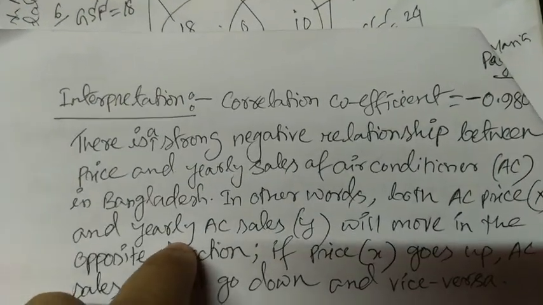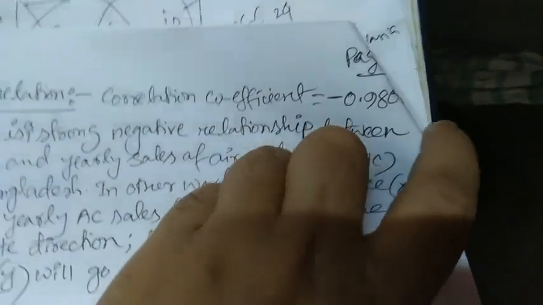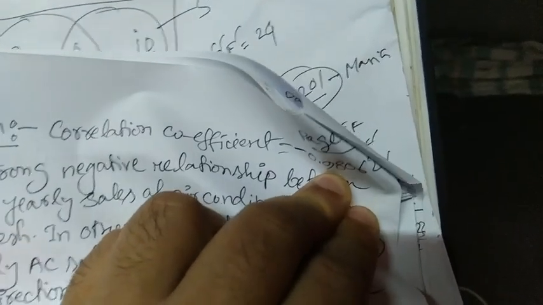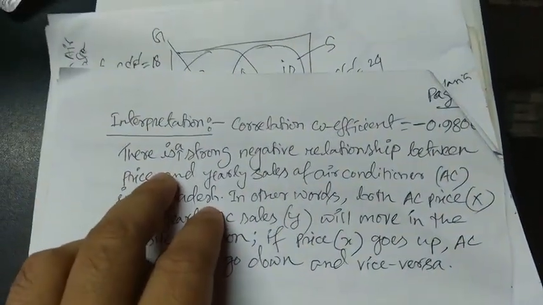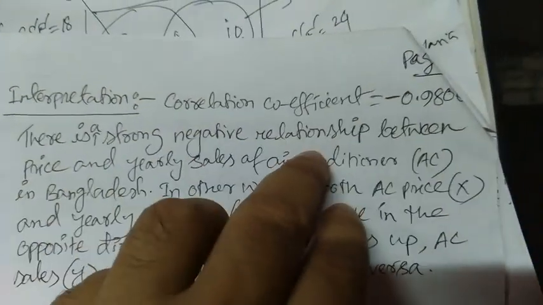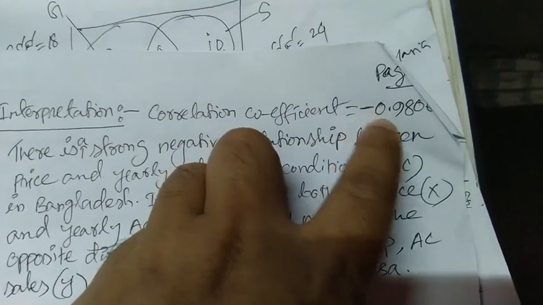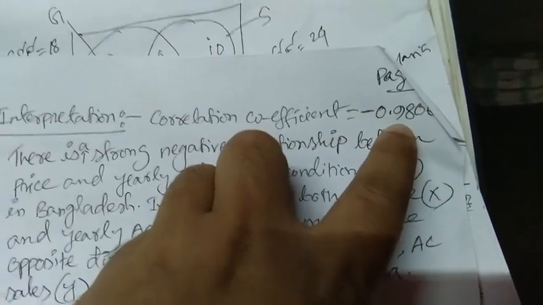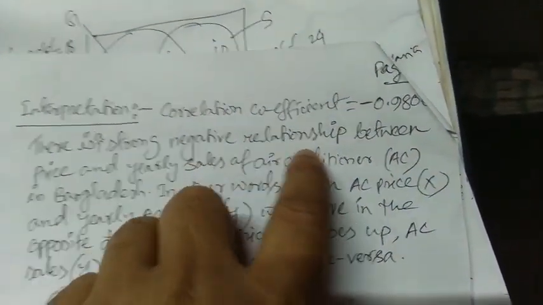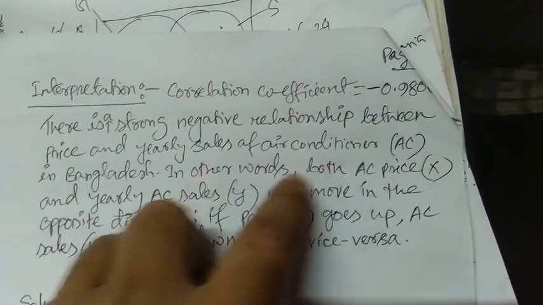Interpretation of the correlation coefficient: we got minus 0.98068. So that means there is a strong negative relationship. This shows a negative relationship, and since the magnitude is more than 0.7, it is a strong negative relationship. There is a strong negative relationship between price and yearly sales of air conditioners in Bangladesh.